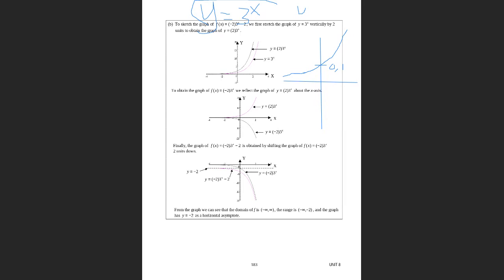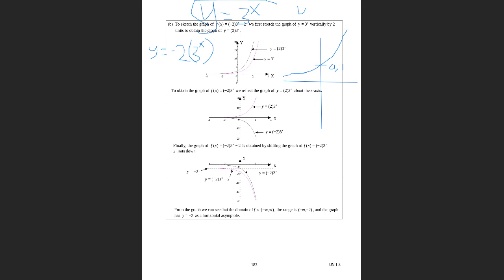If you know the original function and you are asked to plot y equals negative 2 times 3 exponent x, you need to see that when you multiply the graph by a constant which is greater than 1, the graph is going to expand a little bit.